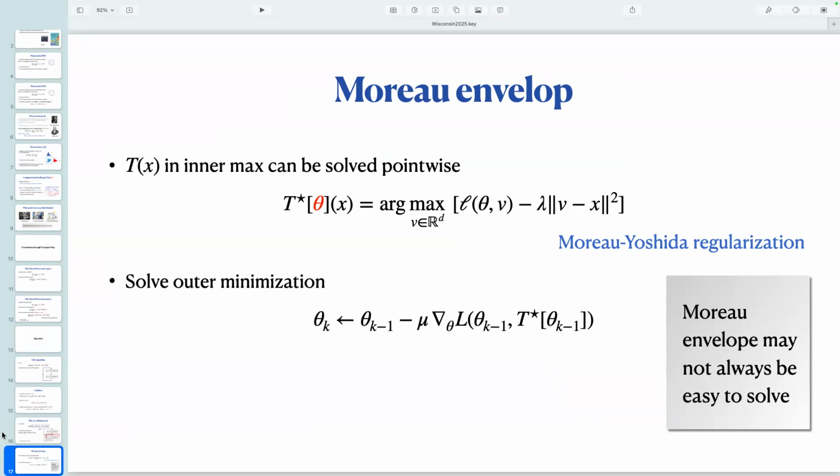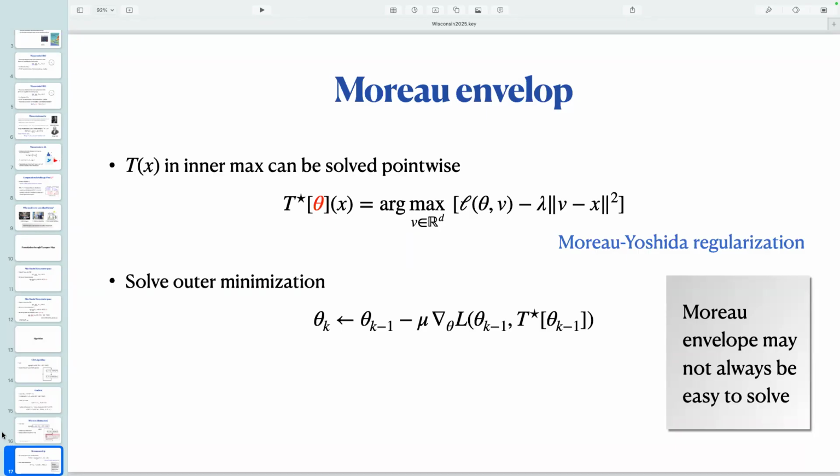If you solve this pointwise, it gives you some kind of optimal transport given theta, the inner maximization problem. This is the so-called Moreau-Yoshida regularization, or Moreau-Yoshida envelope, of my loss function L. In applied math, it is well known that this may not always be easy to solve. In some special cases you can solve it, even pre-compute. But if I give you some general loss, it's not easy to solve.